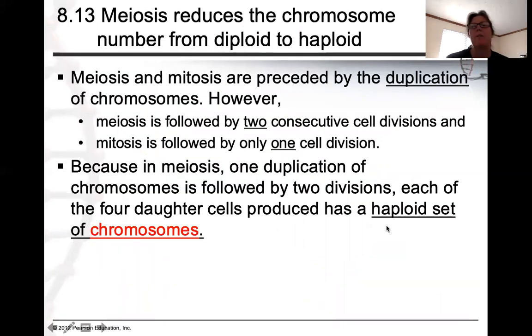So meiosis and mitosis are both preceded by duplication of chromosomes. So they both go through that cell cycle. They go into interphase. They make that copy of DNA. But meiosis has two cell divisions and mitosis only has one. Because in meiosis, we have that duplication of our chromosomes, it then follows those two divisions, one in which to split up the mom and dad's homologous chromosomes, and the second part is to split up what we call the sisters.